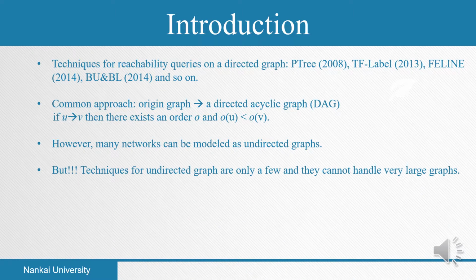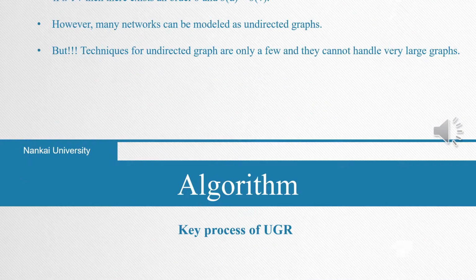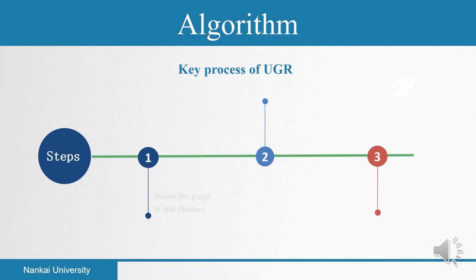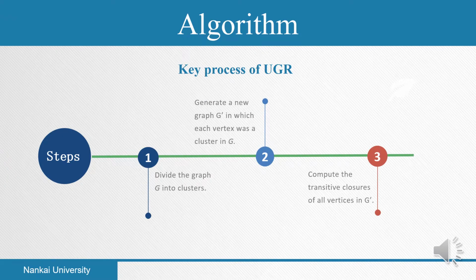But techniques for undirected graph are only a few, and they cannot handle very large graphs. Our target is to improve the ability to scale to large graphs, as well as reduce the processing time.